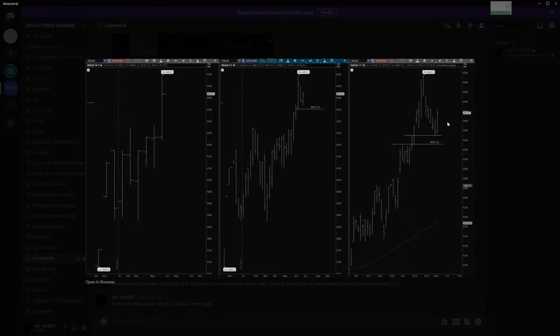These highs that we were talking a lot about, being so close together. The firecracker effect is the market just taking these highs out, these shorts being squeezed to the upside.